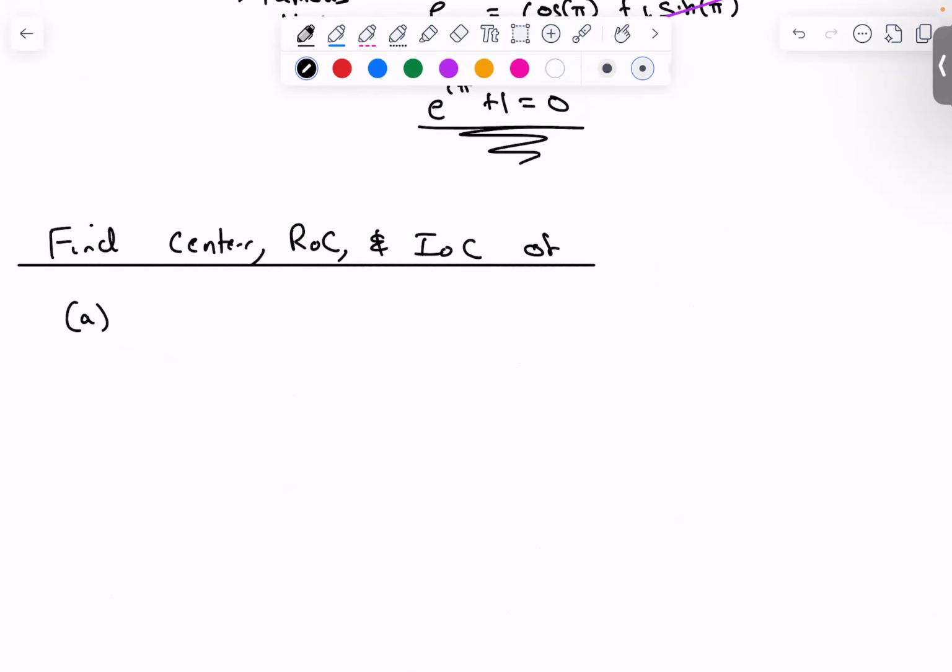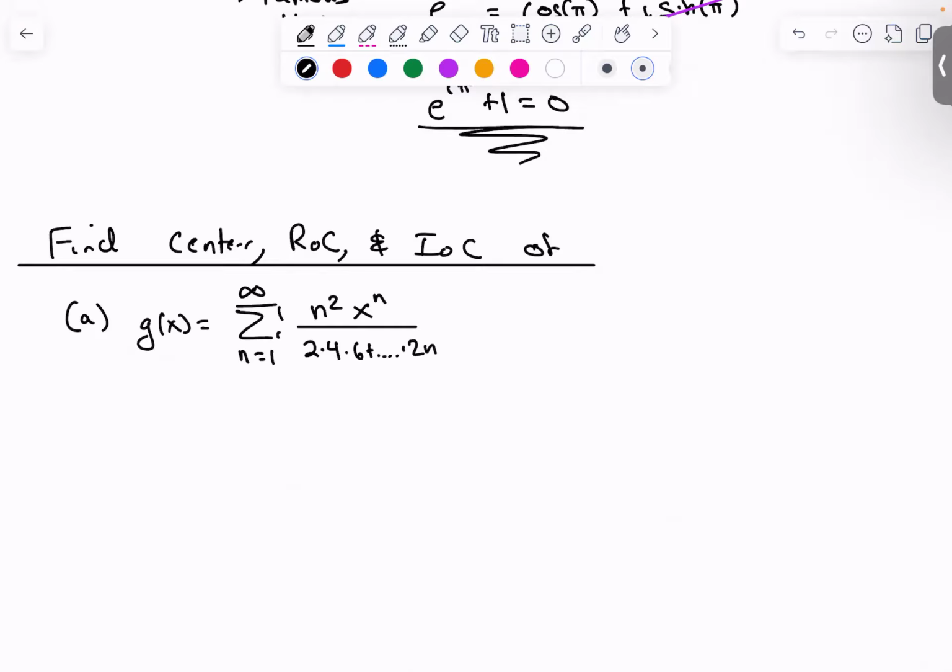Someone pick a letter between F, G, H, and K. G, excellent. G of x is equal to the sum from n equals 1 to infinity of n squared x to the n over 2 times 4 times 6 times ... times 2n.